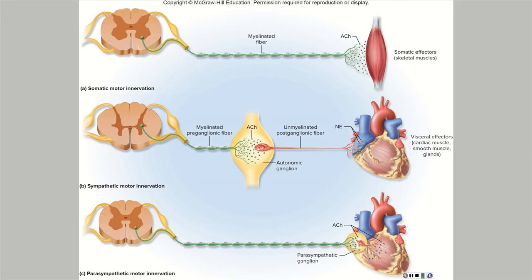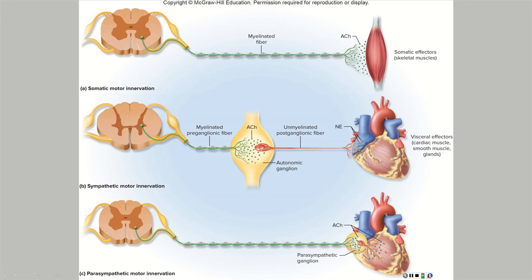Now, what is released from these neurons? When we looked at the somatic nervous system, it always released acetylcholine, ACh. When we look at the parasympathetic nervous system, rest and digest, the preganglionic neuron releases acetylcholine onto the postganglionic neuron.